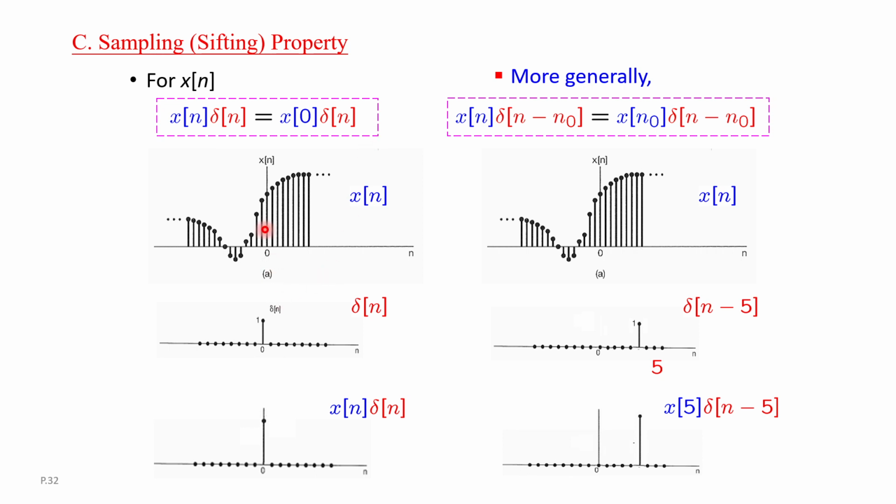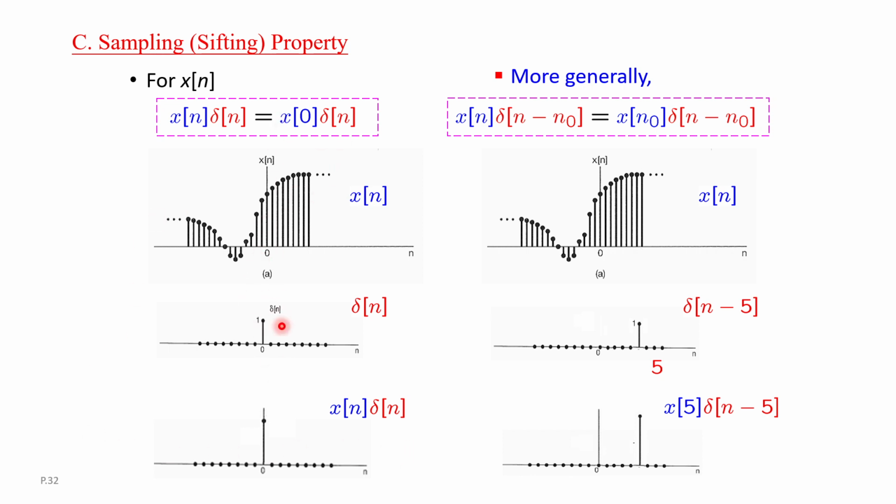Because if you multiply this signal with this signal, everything else except n equal to 0 becomes 0 because you are multiplying by 0, and at 0 that's x of 0 times 1. So at the end you also get the impulse function, and its height is x of 0.